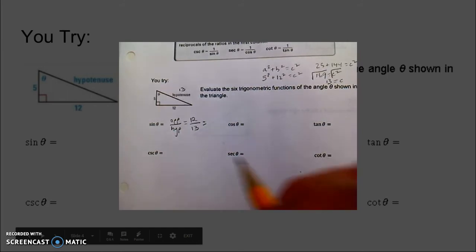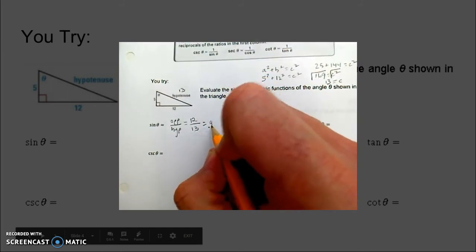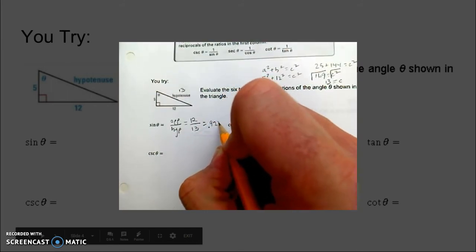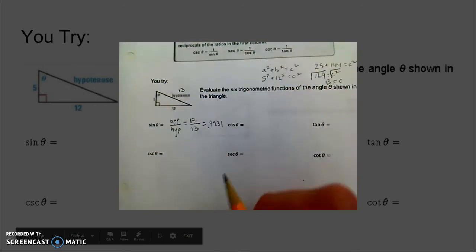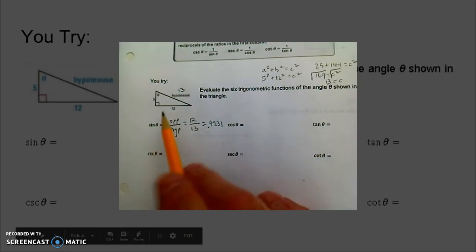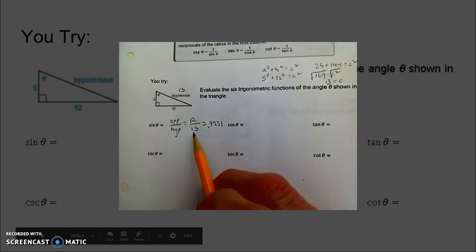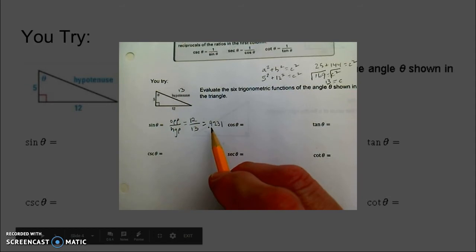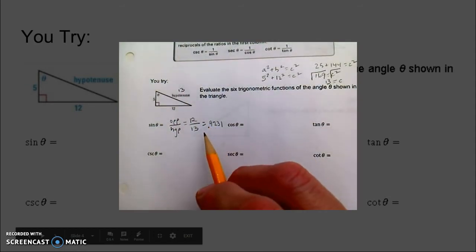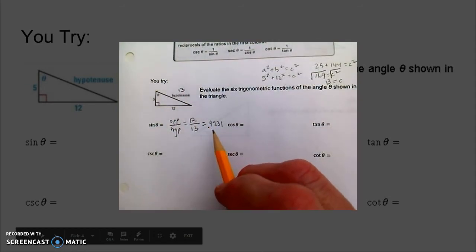Back a million years ago when dinosaurs roamed the earth and your teachers were in school, these were included in a table in the back of your math textbook to 4 decimal places. So the sine of this angle theta is 12 over 13, which is a perfectly fine answer, or if you divide that out, which sometimes you will for problem-solving purposes, 0.9231.